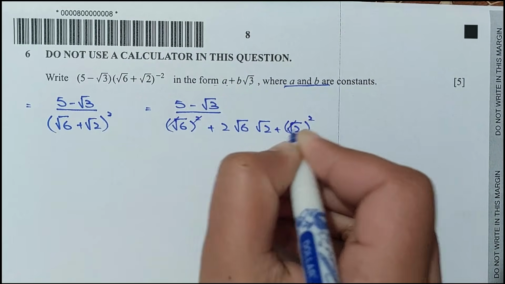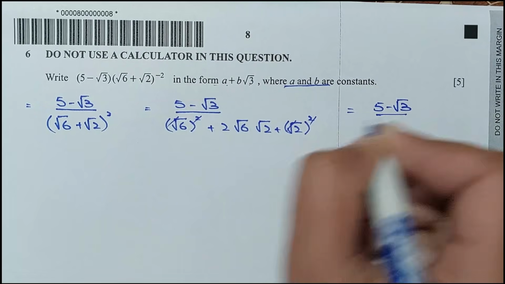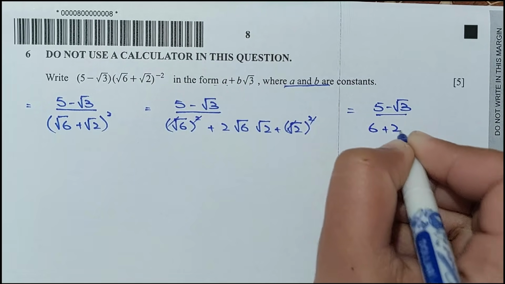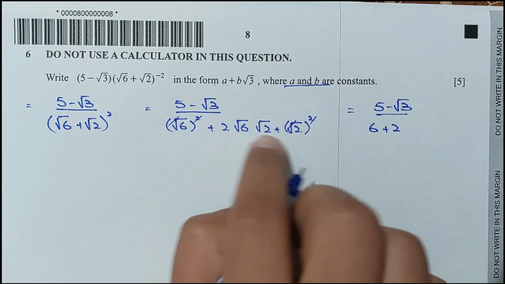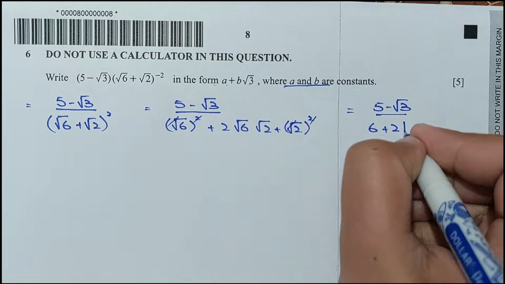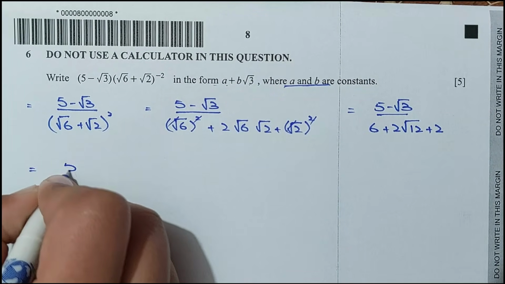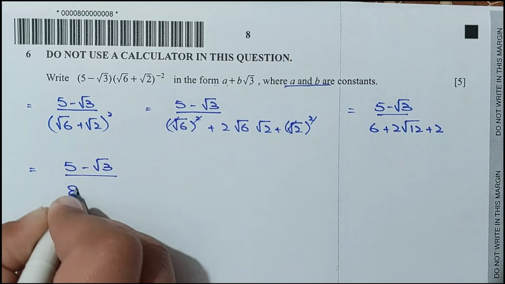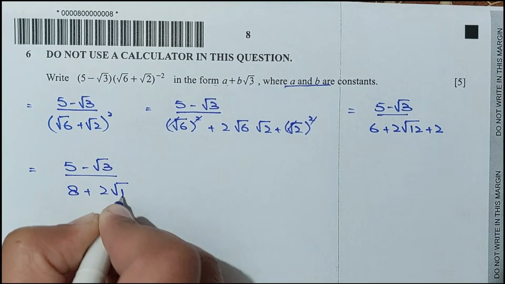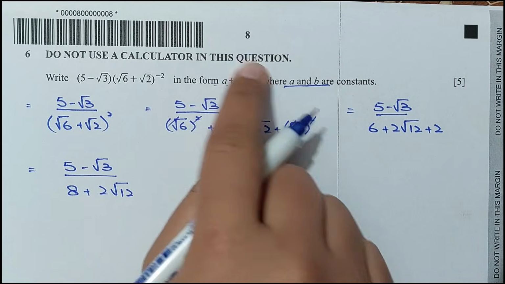So this is cancelled out, this is cancelled out, which is (5 minus root 3) over (6 plus 2 plus 2 times root 6 times root 2). This is 2 times 6 or 6 times 2, so square root of 12 plus 2. So here we have (5 minus root 3) over (8 plus 2 root 12), because 6 plus 2 would be 8.